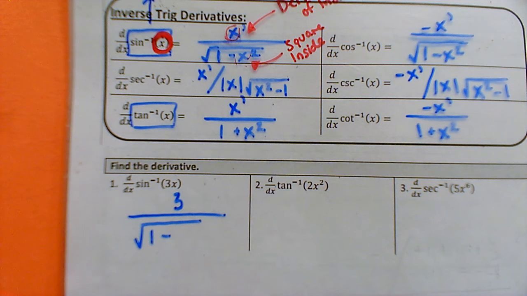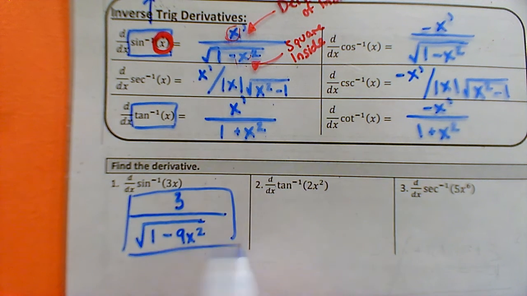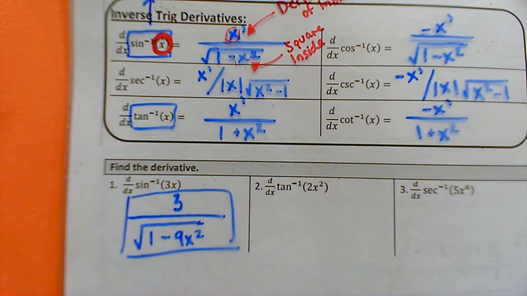So if you were to actually do 3x squared, what would you get? 3x times 3x. 9x squared. And there's your ending derivative. You can leave it like that. Not too bad, right?